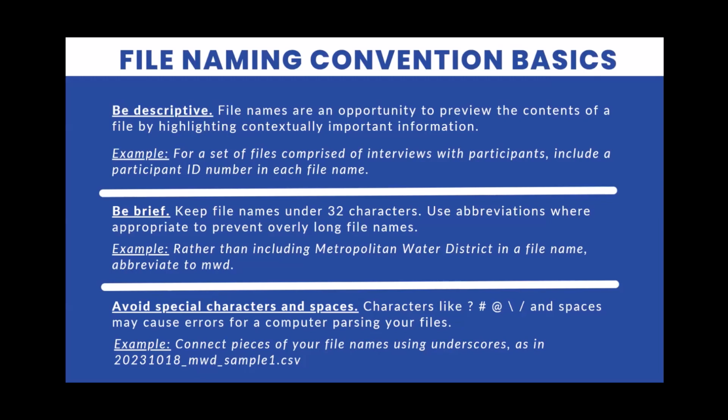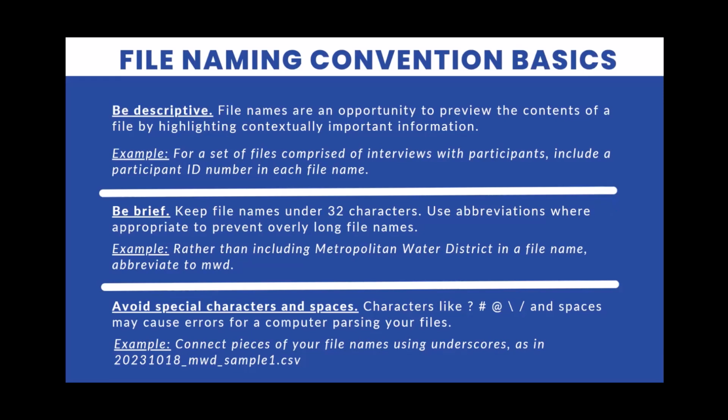You won't actually be able to read them, and then you really aren't doing much good for yourself in making those file names descriptive if you're including too much detail there. So consider using abbreviations. For example, if you're collecting data from a metropolitan water district, you could abbreviate that as MWD. But it's very important to make sure you're also documenting any choices that you're making with those abbreviations. And we'll get into that a little bit later.